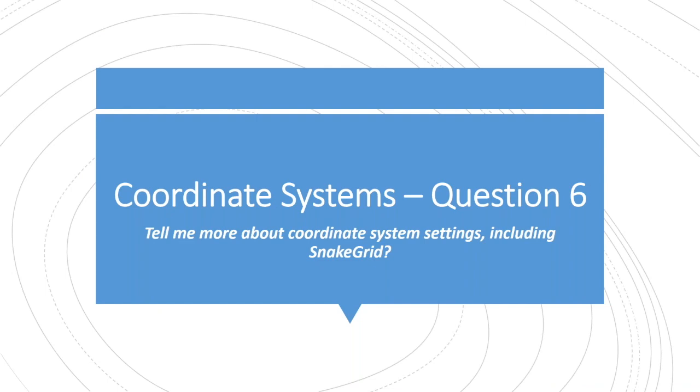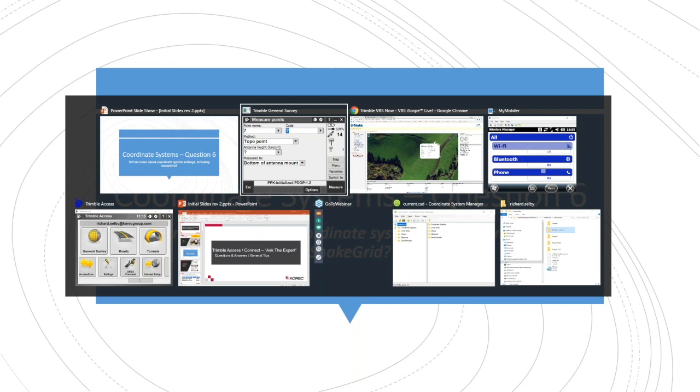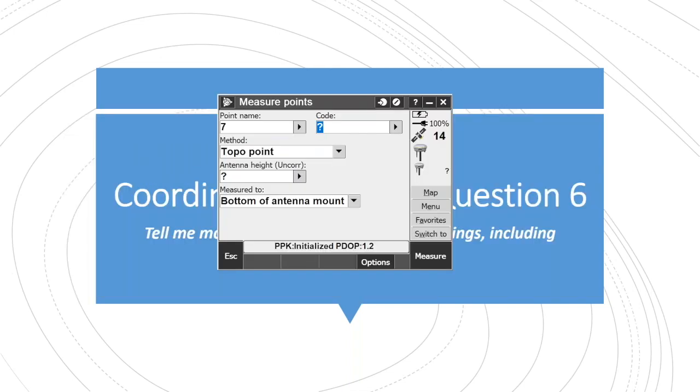Tell me more about coordinate system settings, including snake grid. Initialization has been gained. Okay, we've got PPK survey initialized. It's been running away there in the background, so I could go and start collecting detail on that one.